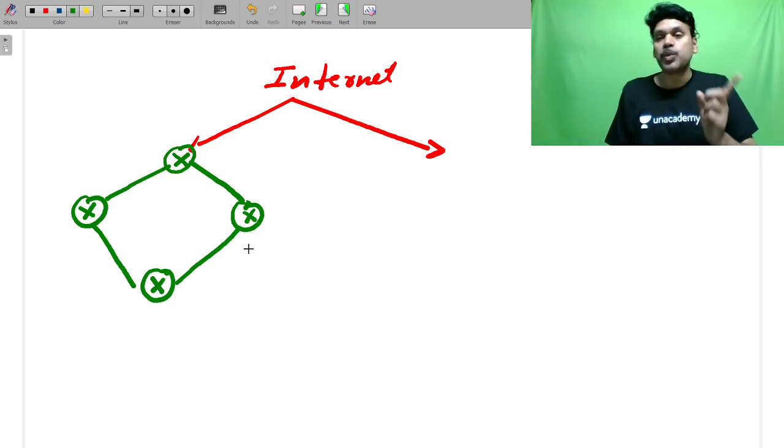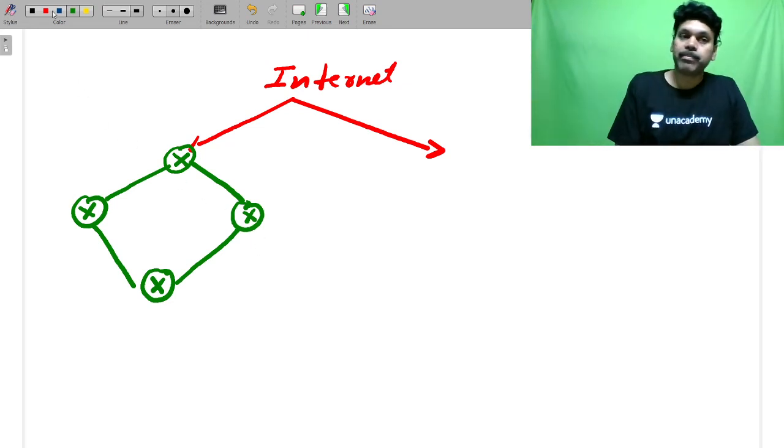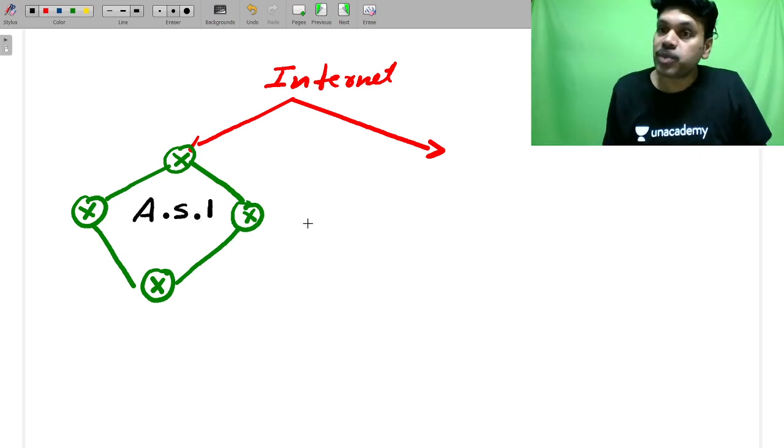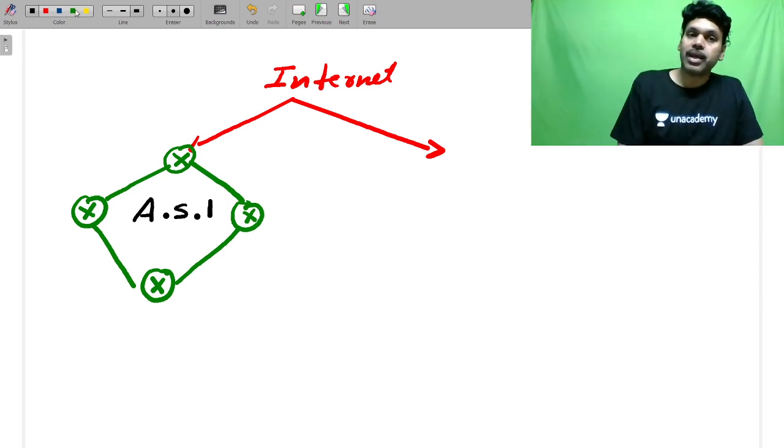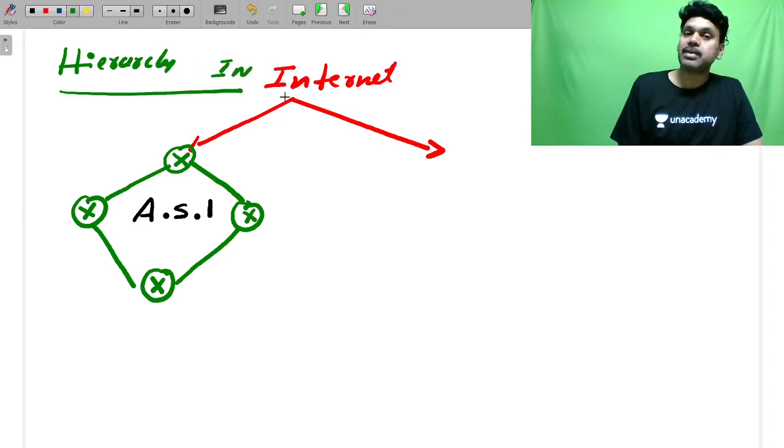When you form a group of routers together, it is an autonomous system. Your internet is divided in a hierarchy, and this is how it is happening nowadays.